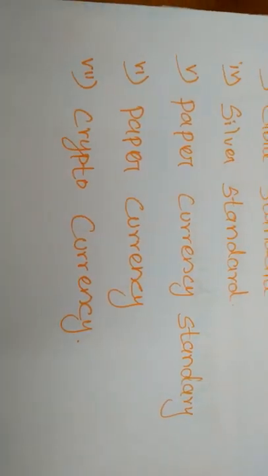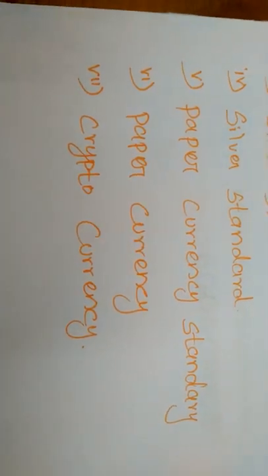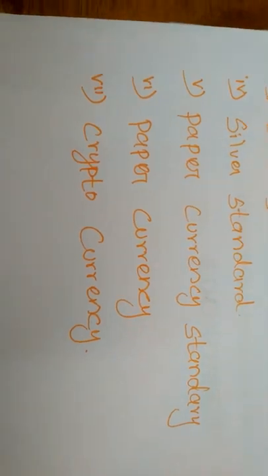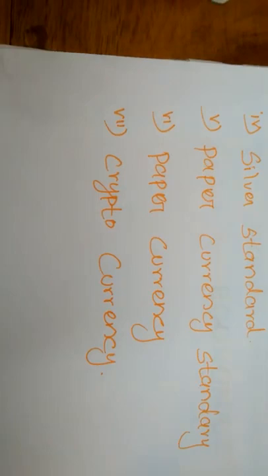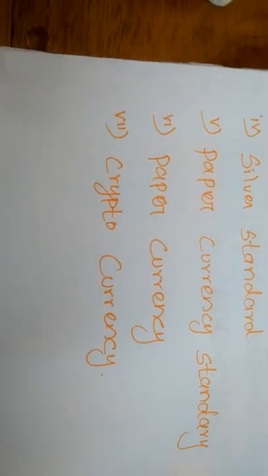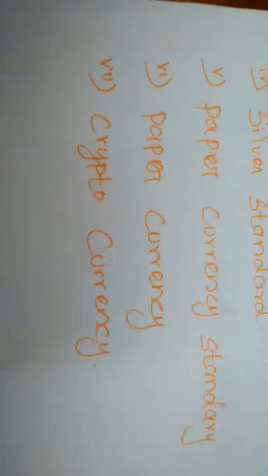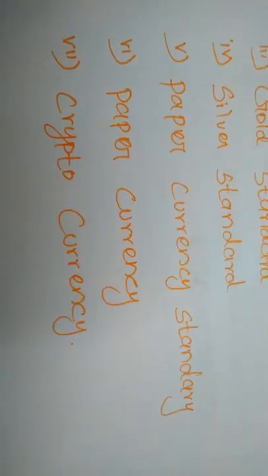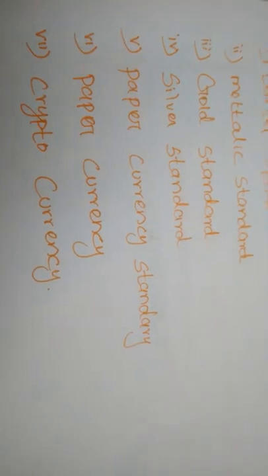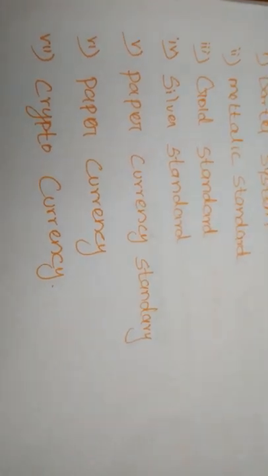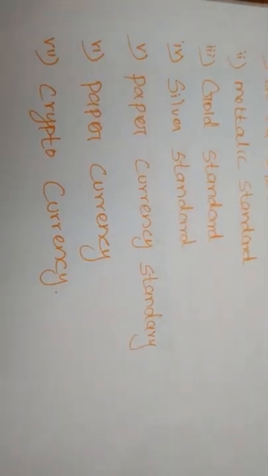This is a digital currency in which encryption techniques are used to regulate the generation of units of currency and verify the transfer of funds, operating independently of the central bank. We can easily transfer funds from one account to another, but this account also cannot be found out by anyone.